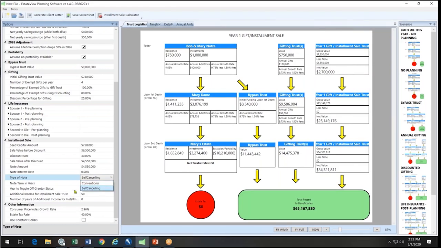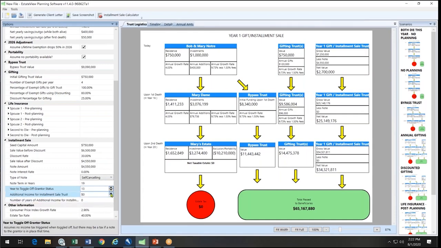And then we can also have grantor trust status toggled off in any given year. We can also provide, if you're going to transfer a business to this trust, whether there's going to be additional income coming from the business in addition to the growth, and for how many years? Because a lot of clients have businesses that they'll continue with.